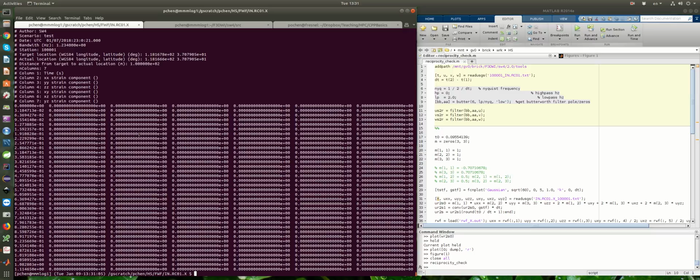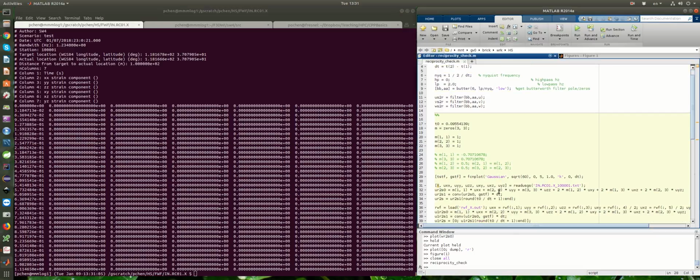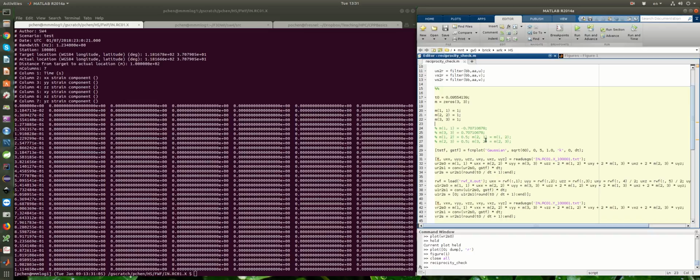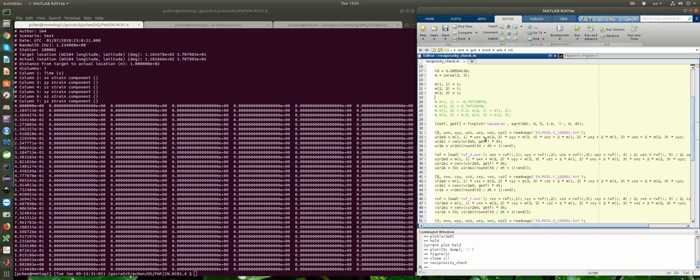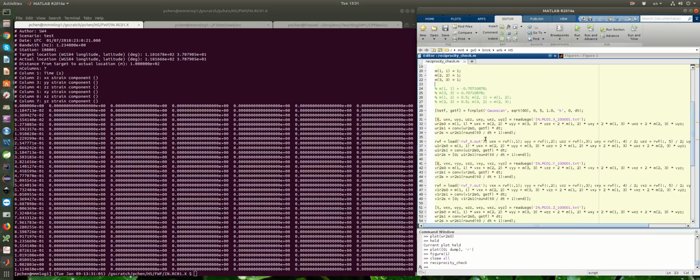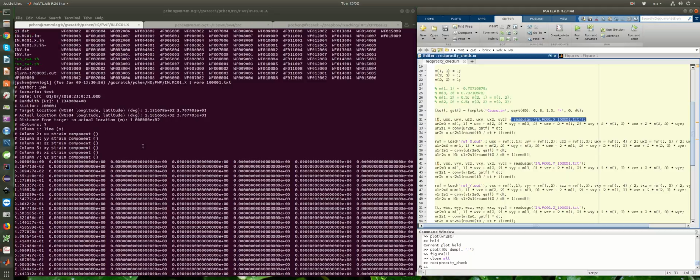And then all I have to do is to read those files, basically. Right here, read USGS again is for reading those files. The file name has been changed to reflect the fact that it's going from the receiver to the source.